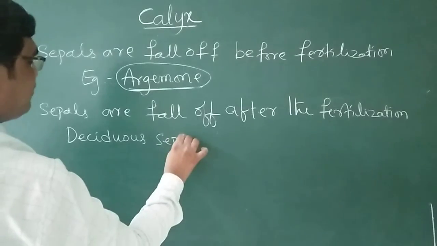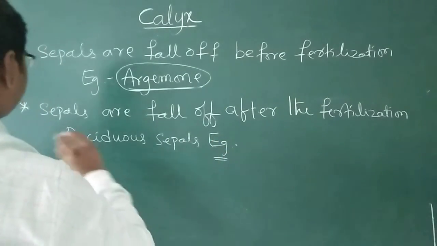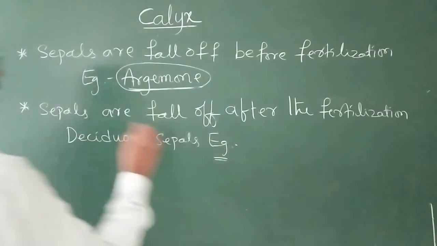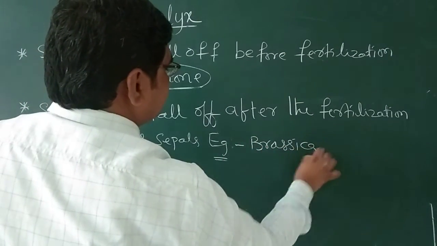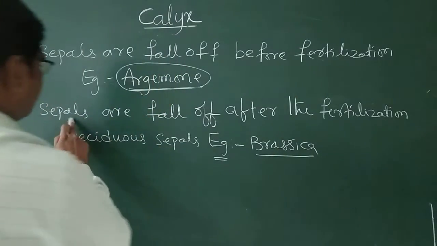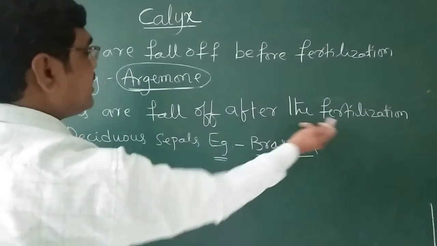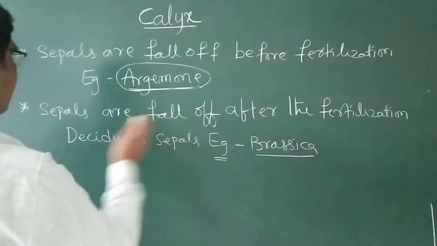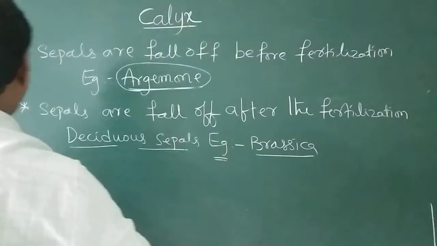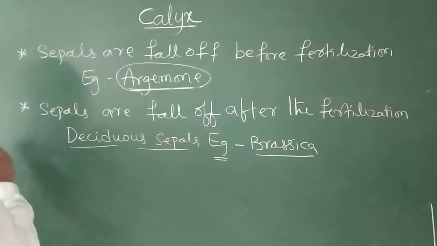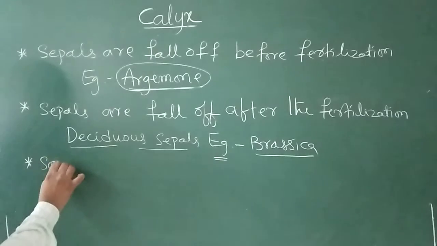An example is Brassica. In Brassica flowers, the sepals fall off after the fertilization, and these sepals are called deciduous sepals. Example, Brassica.